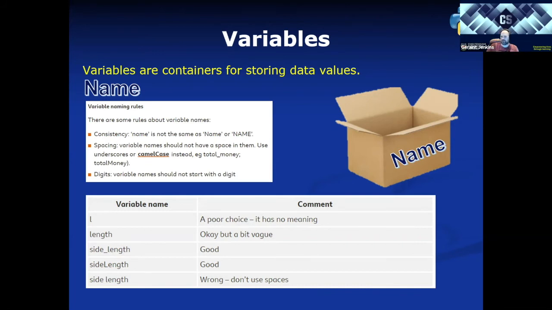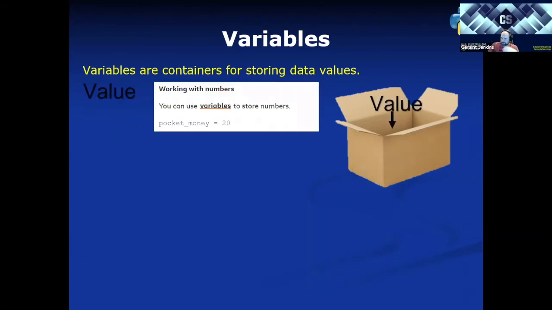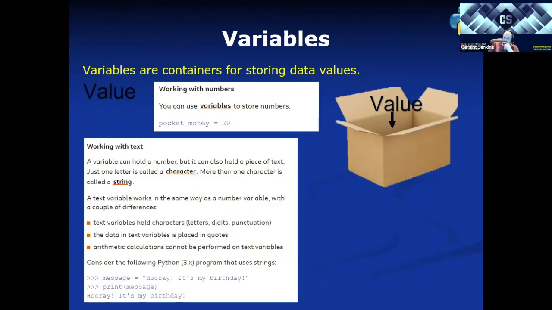So the first thing your box, your variable, needs is a name. Then you need a value. At this point, we can work with text. You can save your variable and give it a string. If you look down here, you've got message equals hooray. If it's a string, it's got to be within quotation marks.